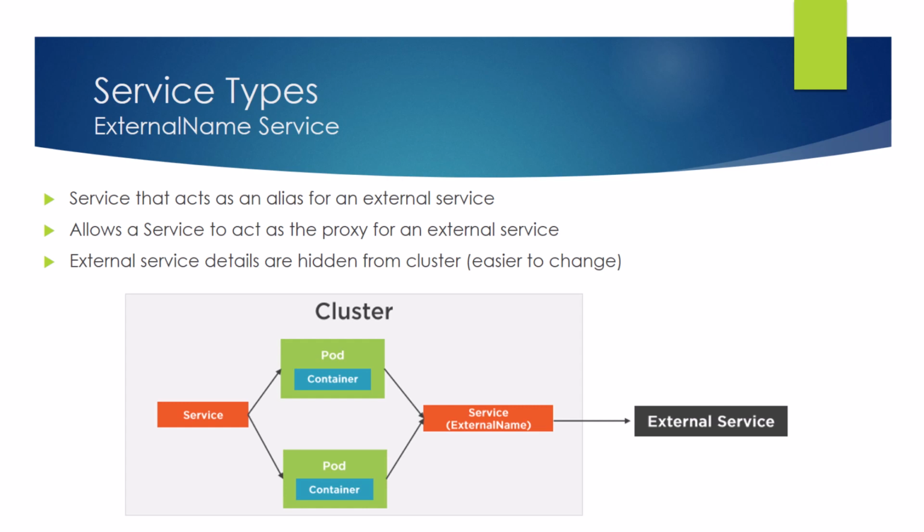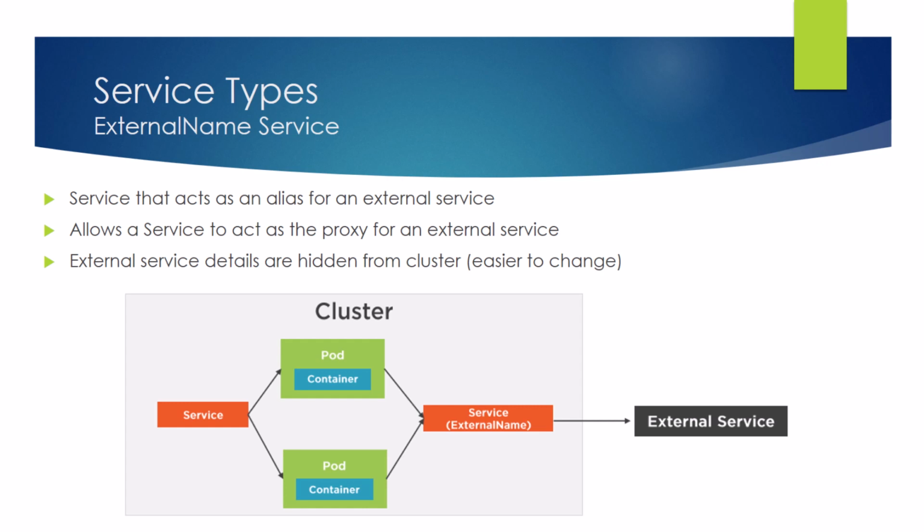So in essence, the external service is just hiding the details from the actual cluster of what we are actually calling out to externally. So it looks like this. We might have a service internally which is maybe just a cluster IP service, but then these pods might call an external name service.